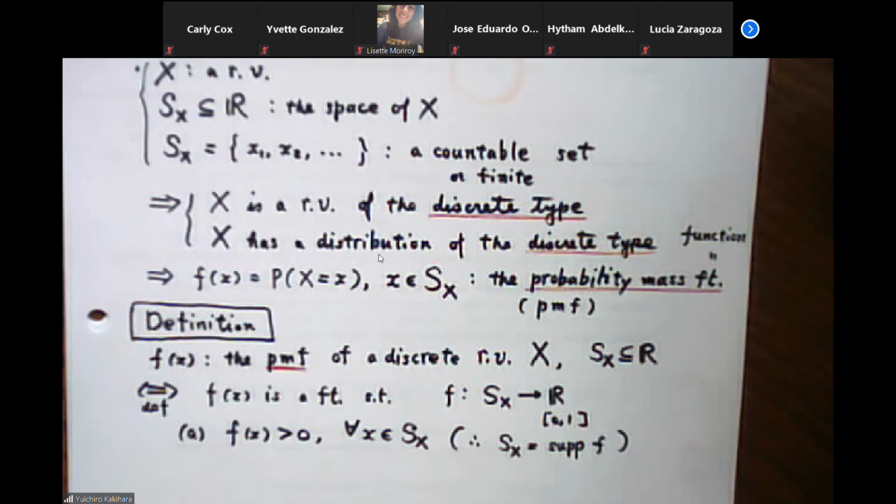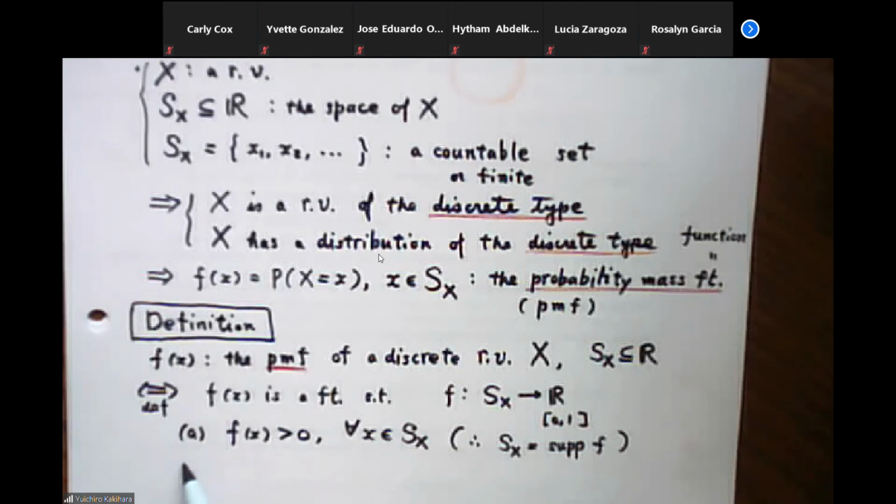Support is by definition the subset of the domain for which each point has the value of f positive. That's the definition of the support. That means outside of S sub x, the value of f is 0. That's one. So outside of S sub x, the value of f is 0. Not negative, but 0. Okay.